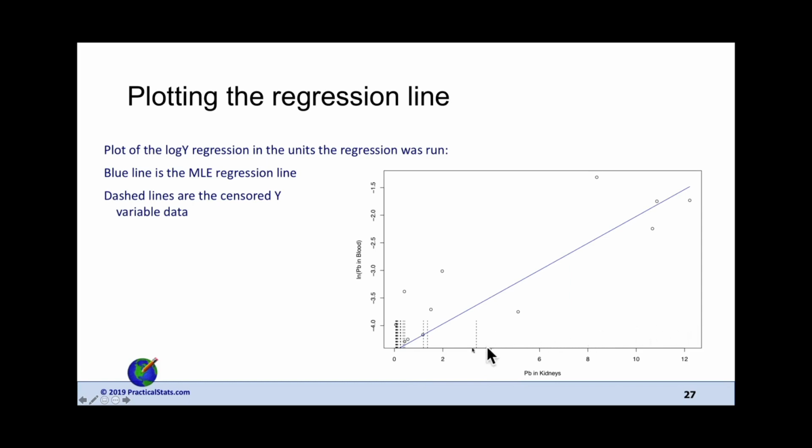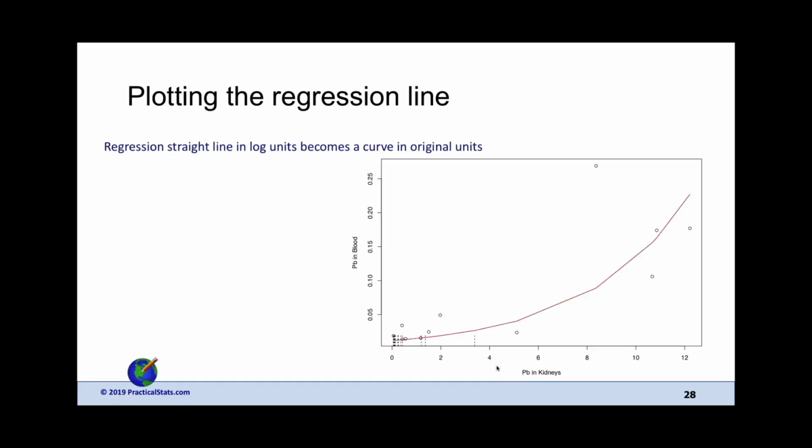So all of that is evidence that the concentrations are going up in blood as they go up in kidneys, and that is being used in the MLE along with the pattern for the detected values in order to give you back the intercept and slope. You could transform that back out, just take the exp of it, and you get this nice curve function, plotting the data in the original Y units of concentration of lead.